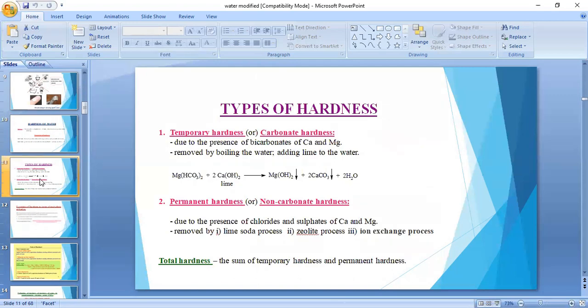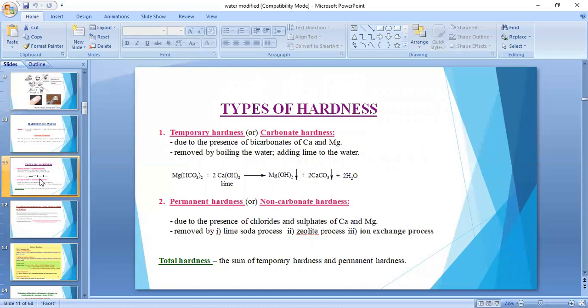What is meant by temporary hardness? If water consists of carbonates and bicarbonates of calcium and magnesium, then that water has temporary hardness. The carbonates and bicarbonates are responsible for this hardness, so it is also called carbonate hardness.